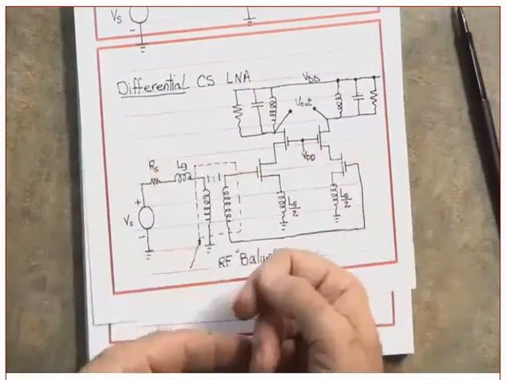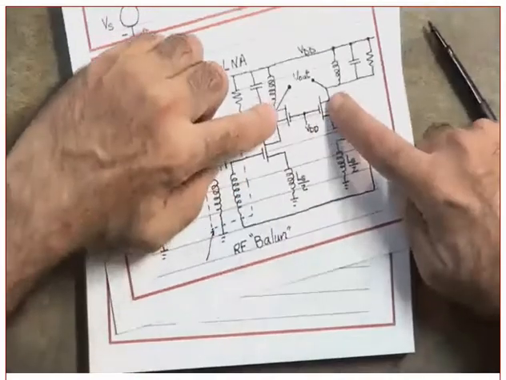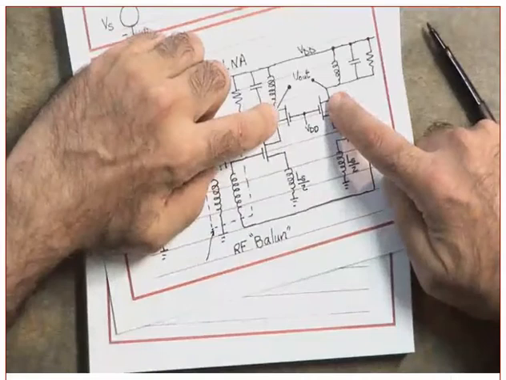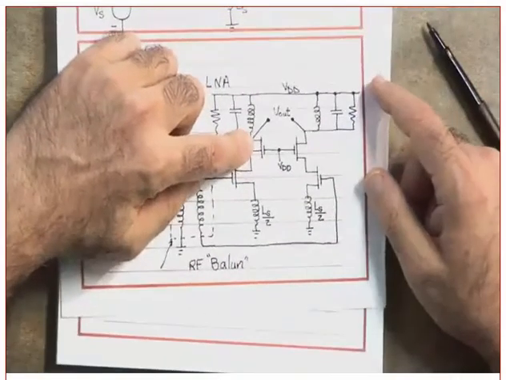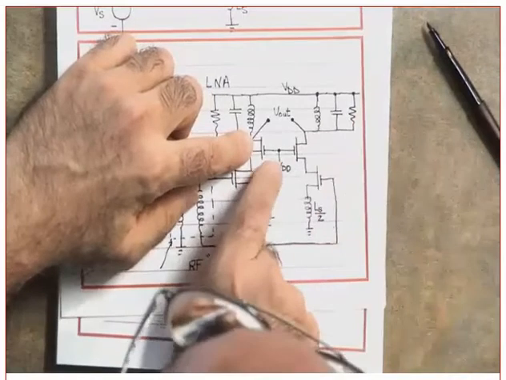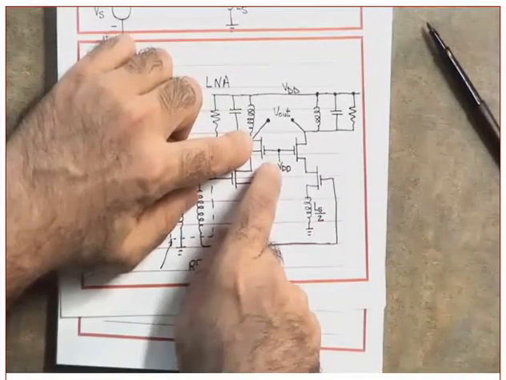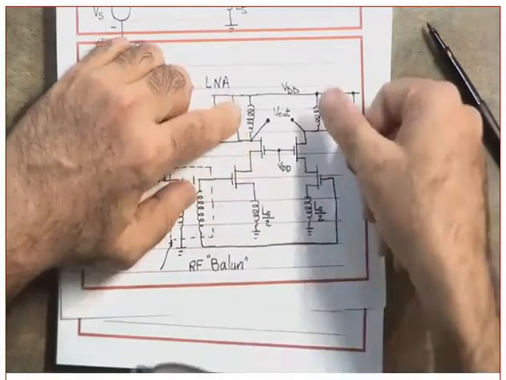And where am I taking the output? By the way, what is this? When I connect, what is this one and this one behaving as? Those are the cascode. Did you get my point or not? Yes or no? These are the cascode. And what is this? This is the biasing. It's a common gate. Yes? This is the load.